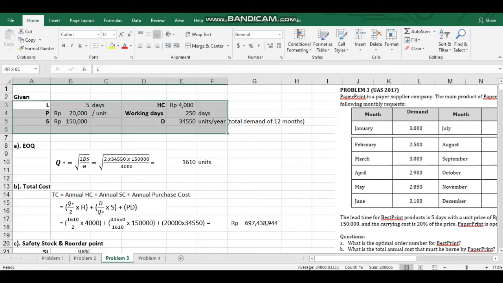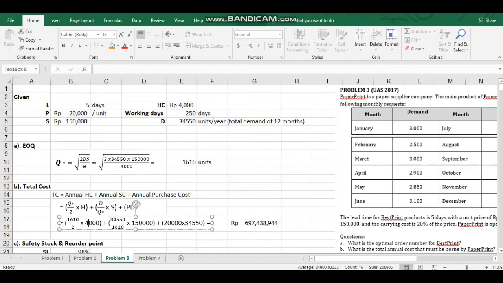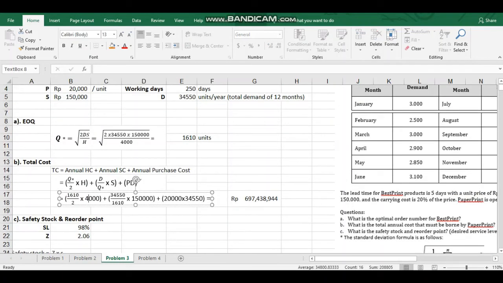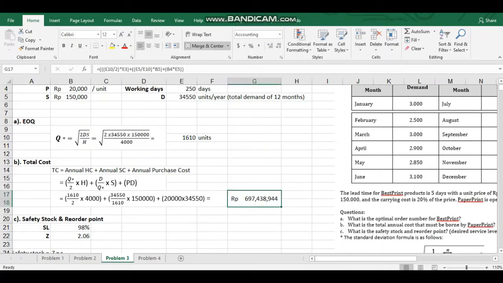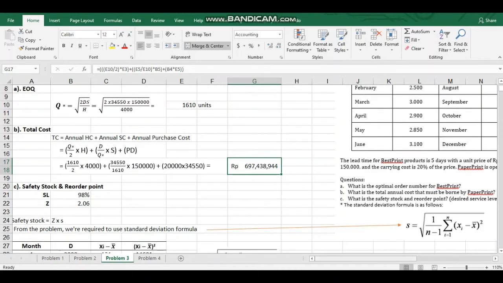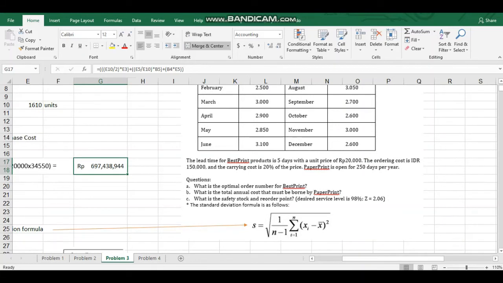All the components are given in the info here, so we just input those numbers into the equation, and finally we have this number as our total cost in a year.